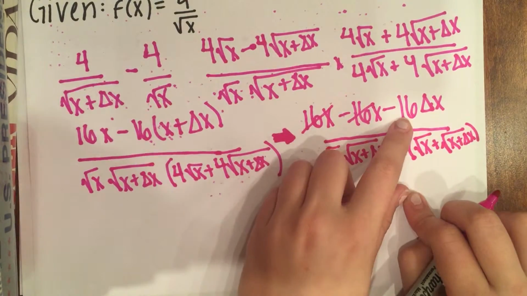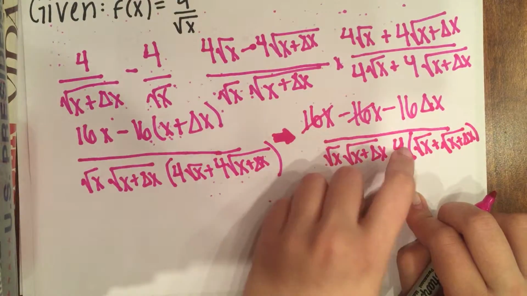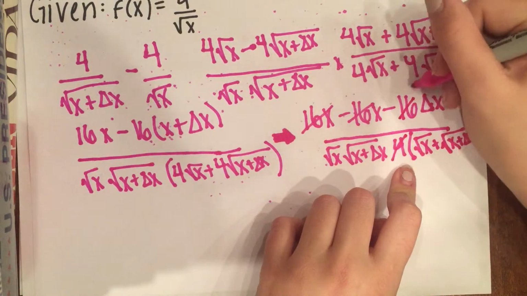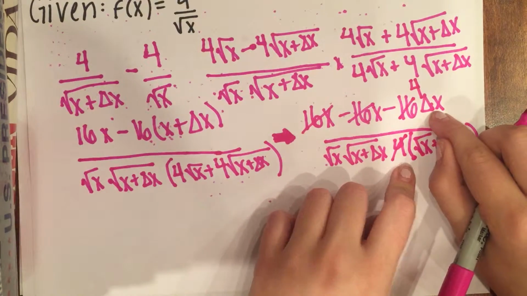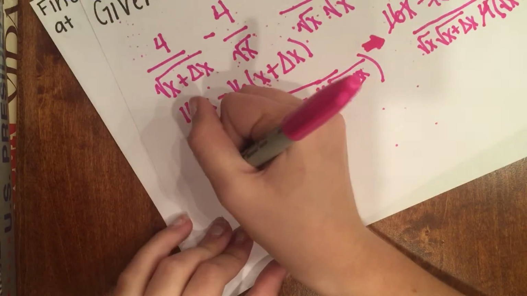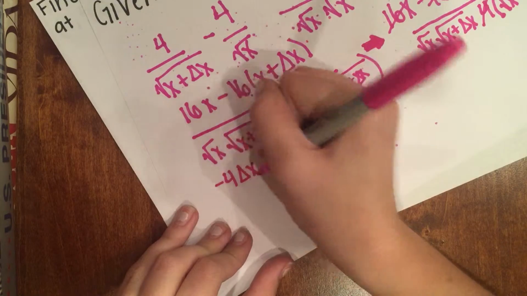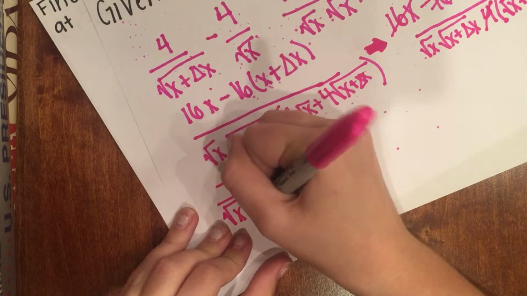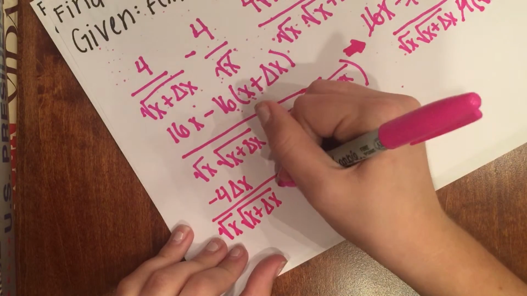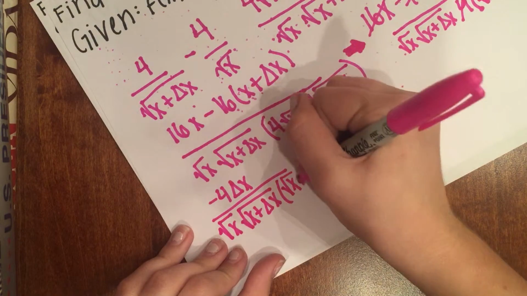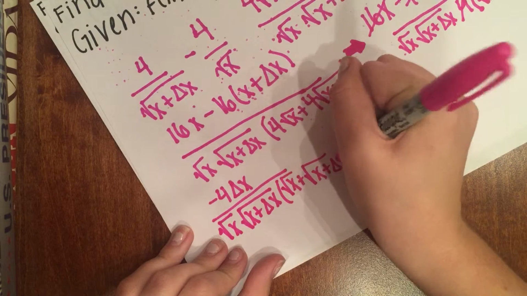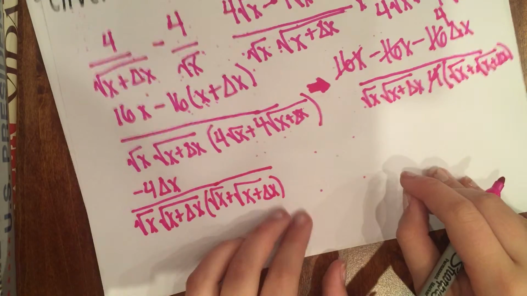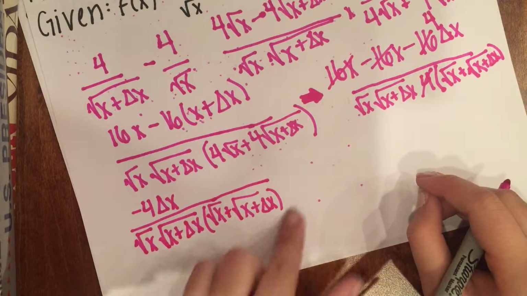Now here, since we have a negative 16 delta x on top, we can do a little cancellation with the 4 down here. And so you end up with a negative 4 delta x over, here I'm just going to rewrite it so it's more clear. It's negative 4 delta x over root x times root x plus delta x times root x plus root x plus delta x. And so now the next step is I have to divide this guy by delta x.